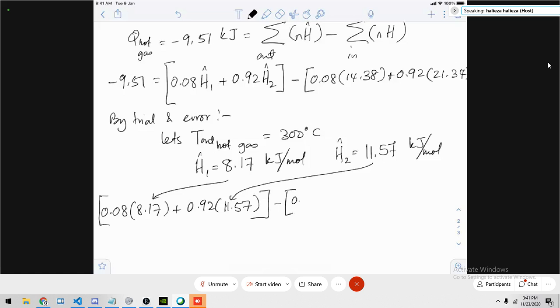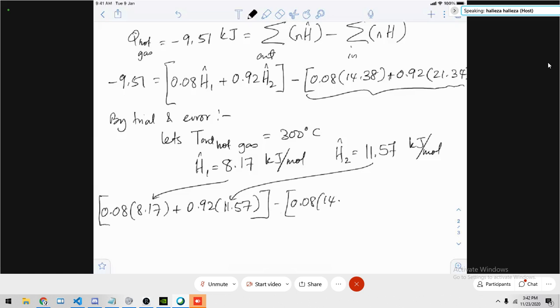Guys, multiply that value for me, because I don't want to do the whole thing. Negative 9.48? No, I mean the final answer. Okay, I need to rewrite everything then. I was trying to skip that process. Let's do everything all over again.